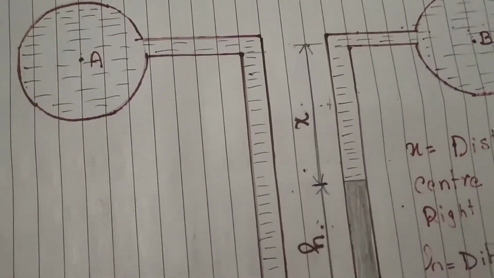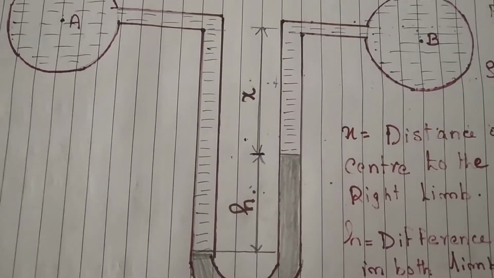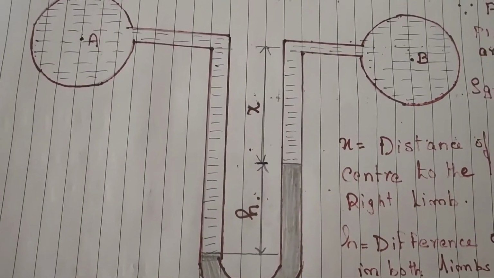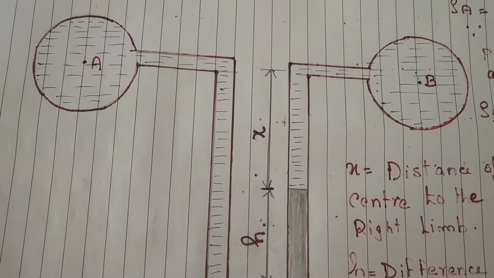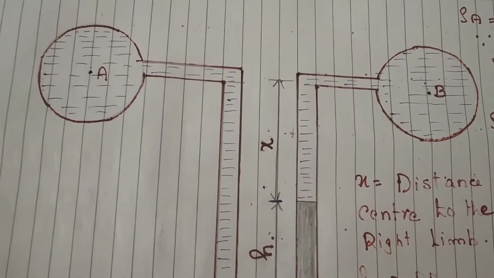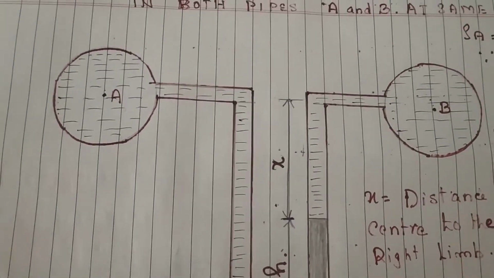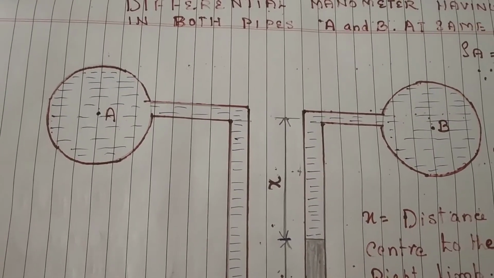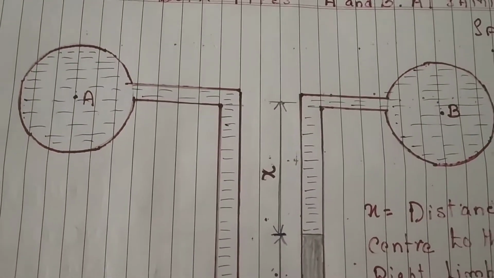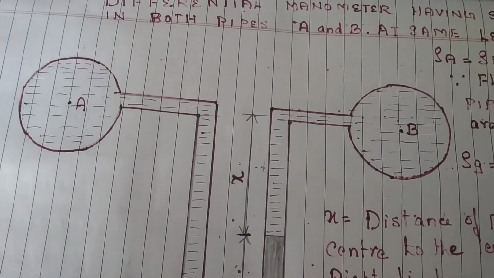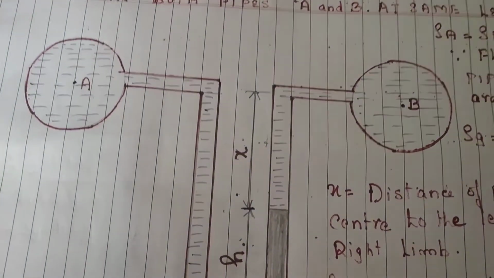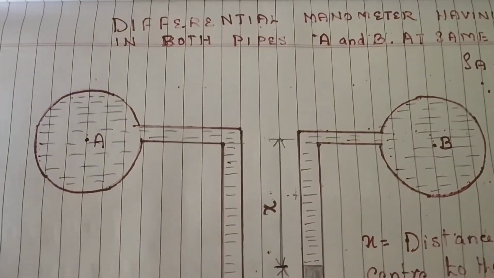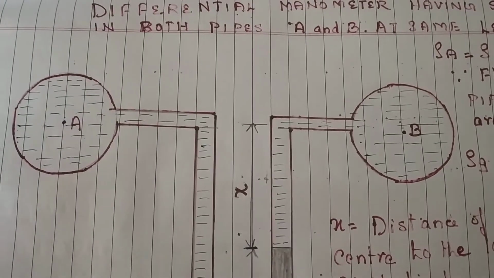You can see here a U-tube manometer having a manometric fluid, mercury, connected at both limbs to the two pipes A and B, which are at the same level, and the fluid present in both A and B is almost the same. So the density in both A and B will be taken as rho.